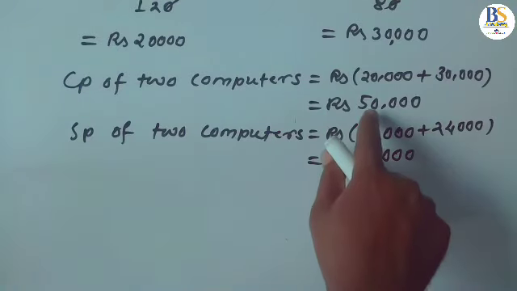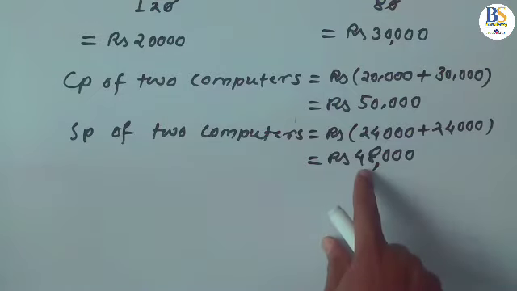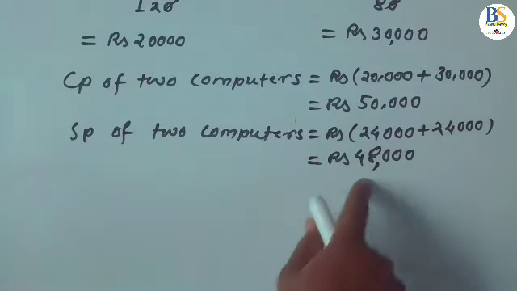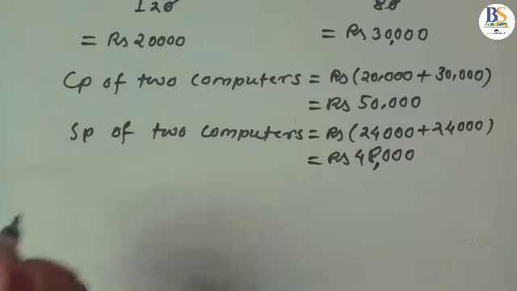CP of two computers is 50,000 and SP of two computers is 48,000. Clearly CP is bigger than SP. That means we have to calculate loss percent now.